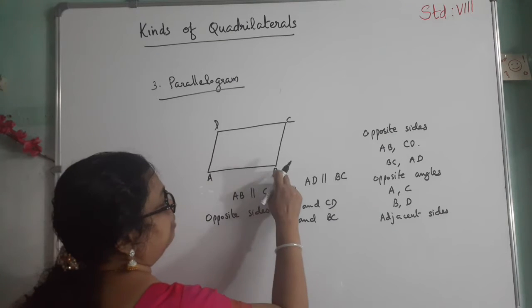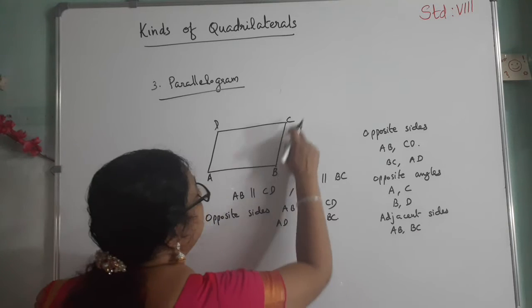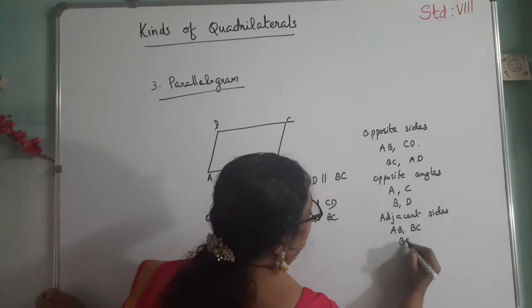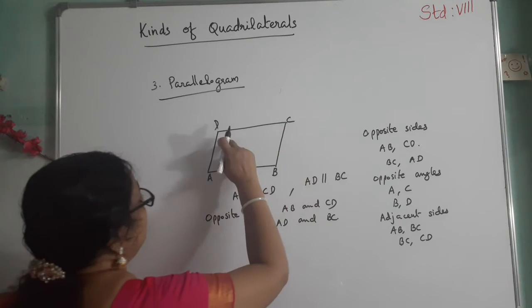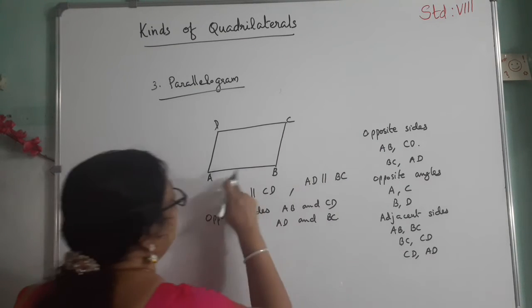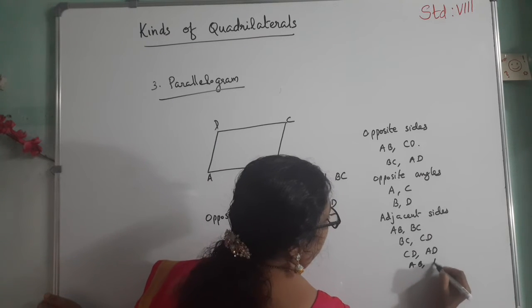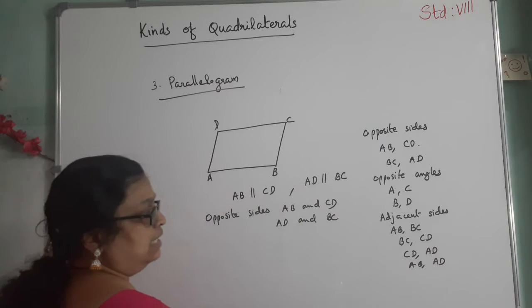Adjacent sides, that is AB and BC. Then BC, CD. Then CD, AD. Then AB and AD. These are the adjacent sides.